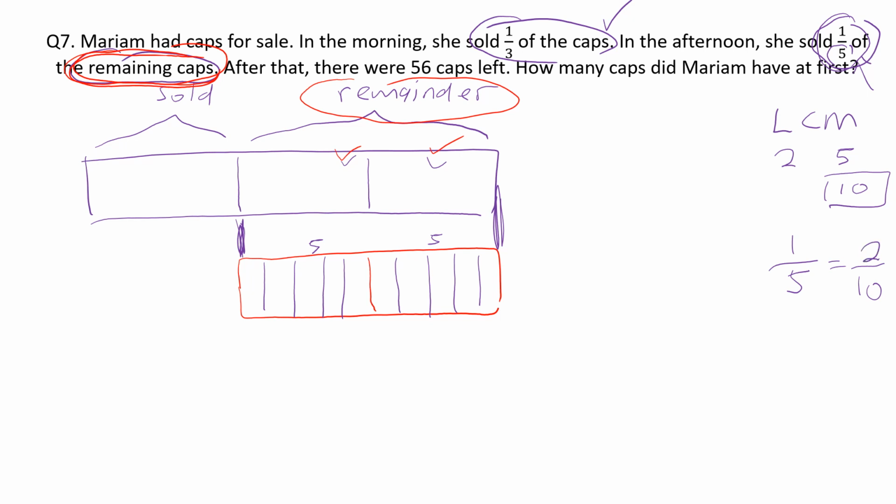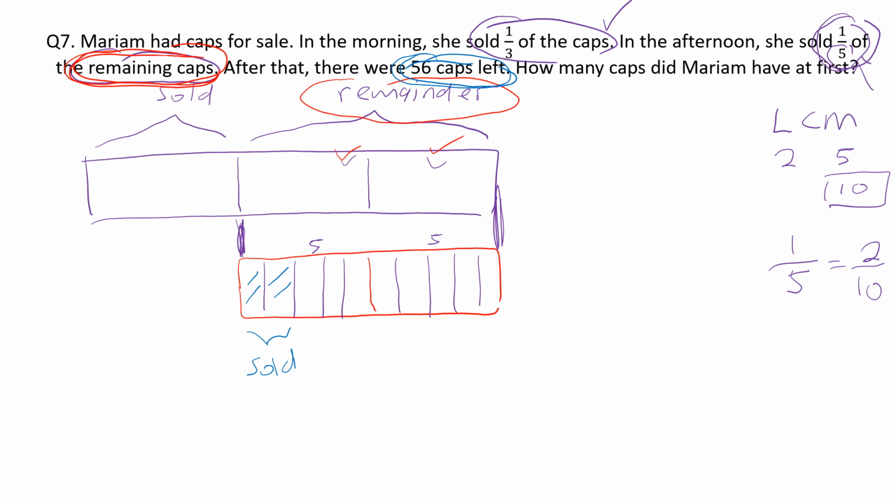Meaning she sold 2 out of 10 remaining caps in the afternoon. And then they say she was left with 56 caps. So what should I do? She was left with 56 caps.